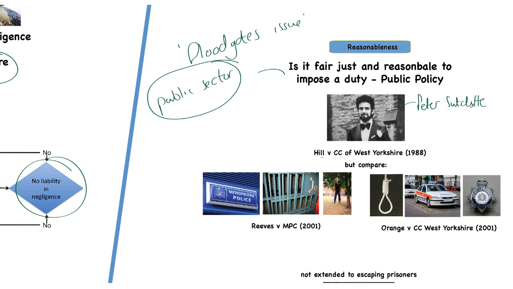The claimant was the mother of the 13th victim, and she sued the police for negligence, alleging inefficiency and errors in their handling of the investigation. Her claim was, had you done your investigation properly, my daughter would not have been killed because Peter Sutcliffe would have been arrested earlier. The court said clearly that the police owed no duty of care towards the daughter to protect her from the Ripper.